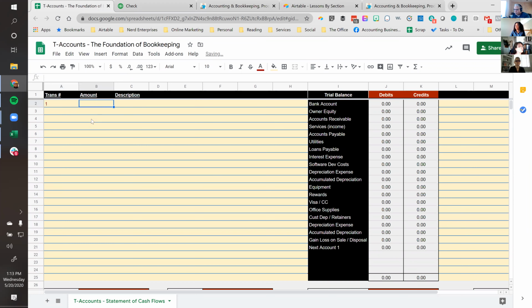Transaction number 1: we'll split up the amount. We have $5,000, and then we have minus $250. Paid agent commission, recoup insurance premiums. Okay, so this is the scenario.